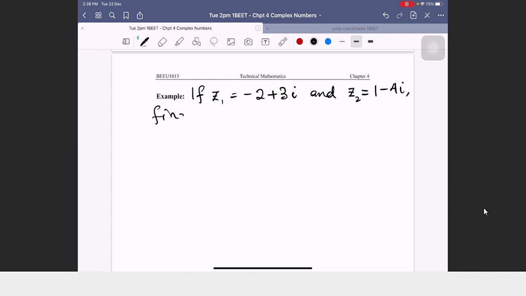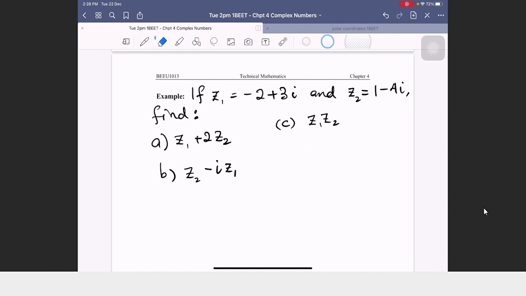You have to find A, Z1 plus 2 Z2, B, Z2 minus i times Z1, C, Z1 times Z2, and D, Z1 divided by Z2.